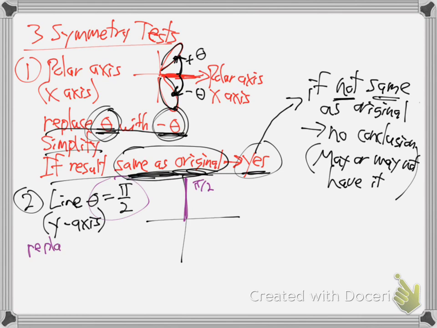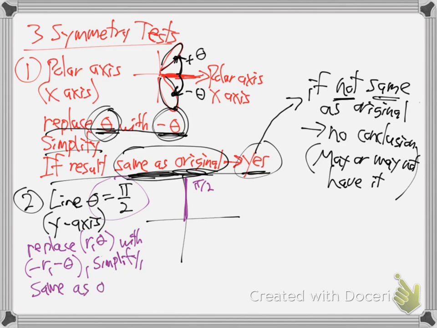Again, we're always replacing. Replace r, theta with negative r, negative theta. So replace both of them this time, not just the negative theta. Replace both of them and simplify, same kind of thing. Simplify, and if it's the same as the original, then it's a yes.